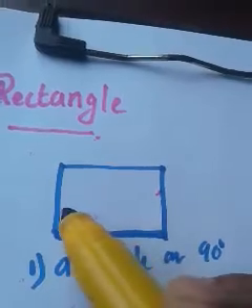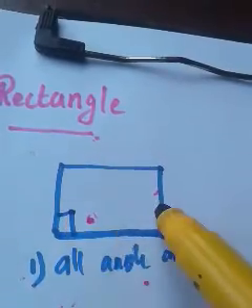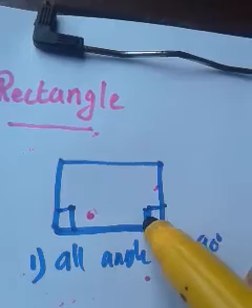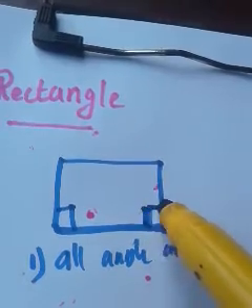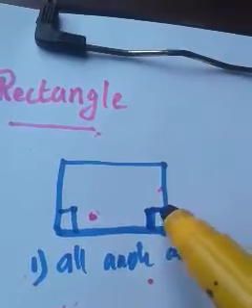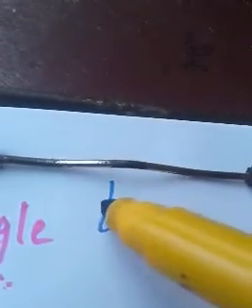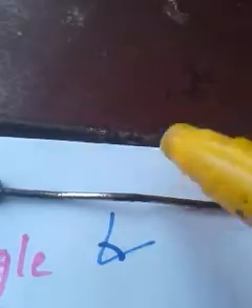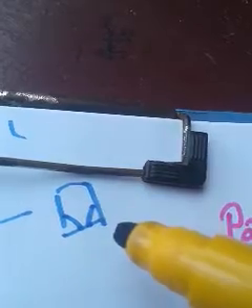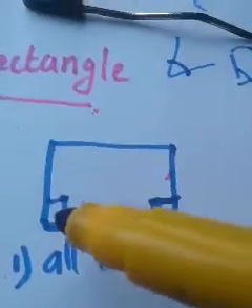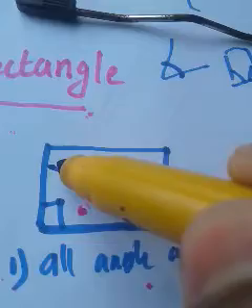What does that mean? All these angles should be 90 degree. This is the symbol for denoting whether the angle is 90 degree or not. Normally we mention an angle like this, no? In this way. Suppose this is a figure, then we can mention the angle in this way. But if the angle is 90 degree, we will mention the angle in this way.